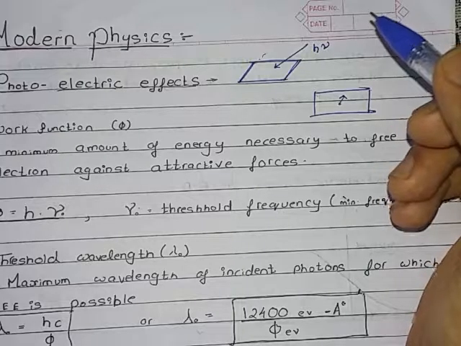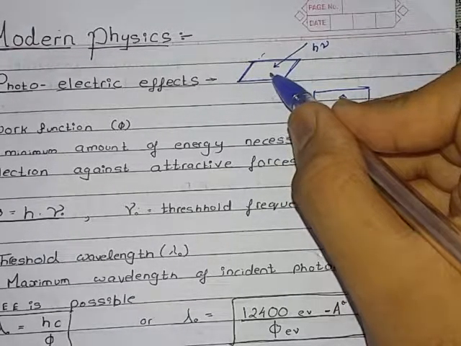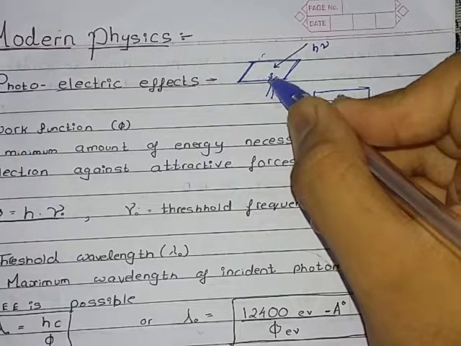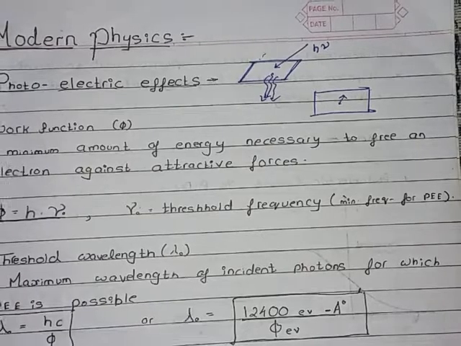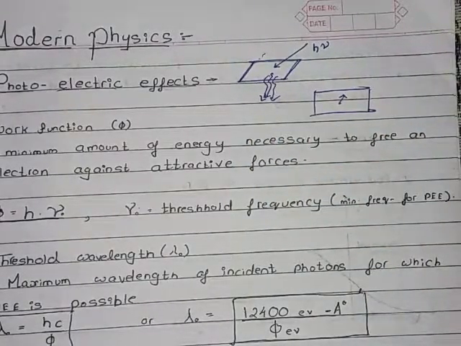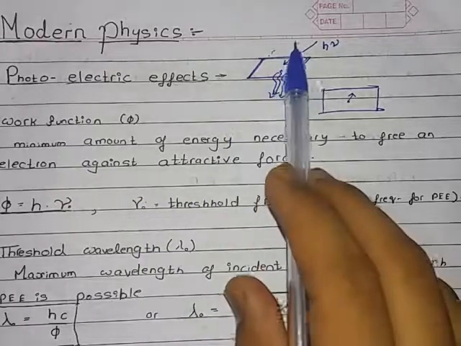Lambda is the wavelength, h is Planck's constant, c is the speed of light. Then electrons are ejected from the metal if we make a photon incident on it. And nu naught is the minimum frequency for this to happen.